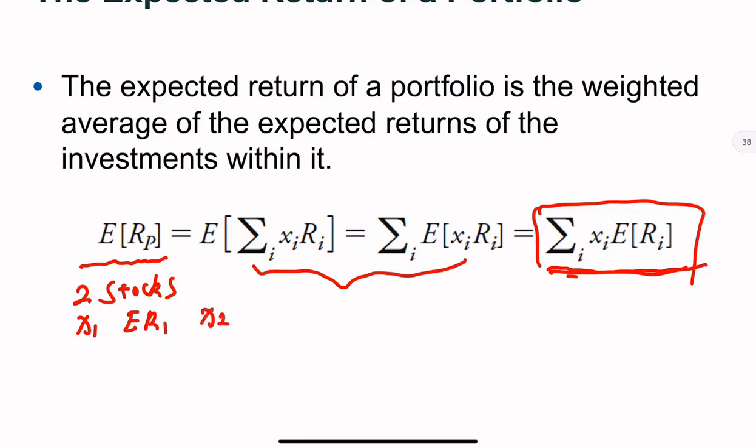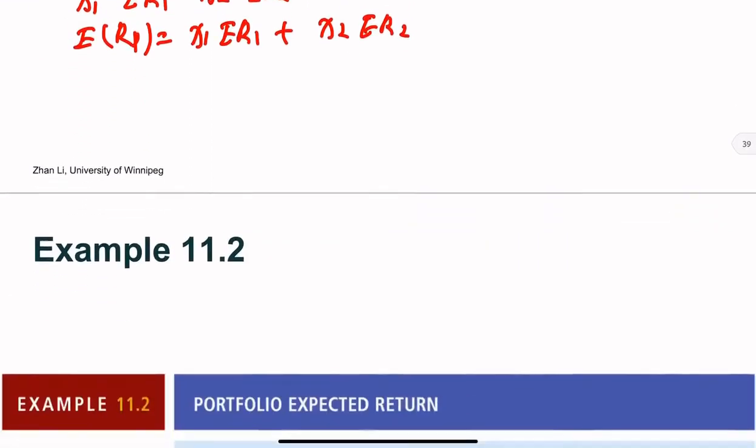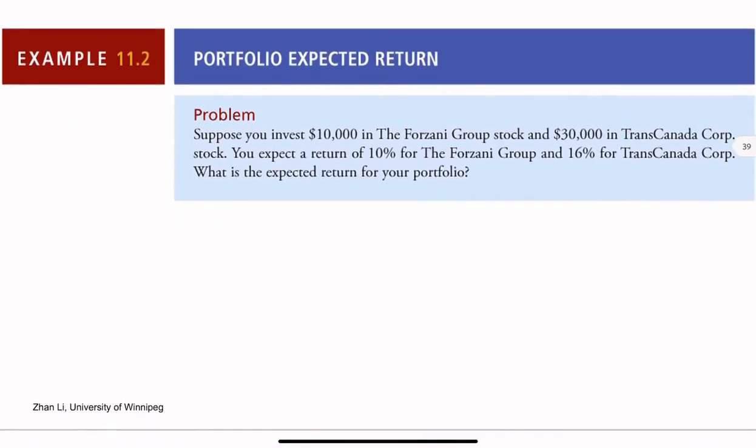Stock 2 has a portfolio weight of X2 and its expected return is ER2. And then according to this formula, you can see that the expected return of the portfolio of two stocks is X1 times ER1 plus X2 times ER2, right? Very simple.